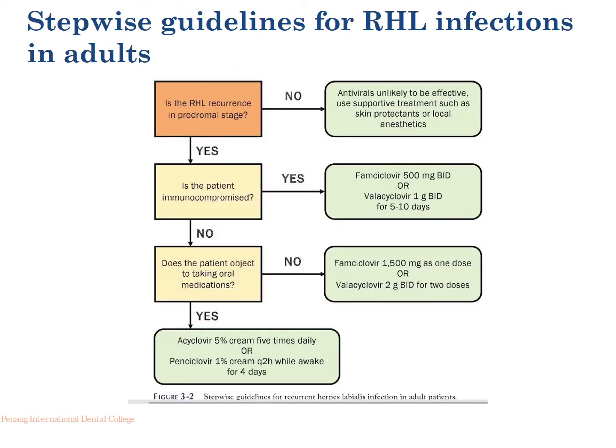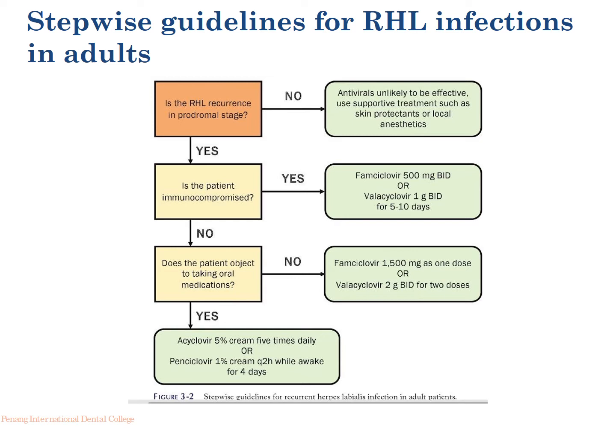This is a stepwise guideline for recurrent herpes labialis infection in adults. It's first important to ascertain whether the patient is having a recurrence and is in the prodromal stage. If yes, is the patient immune compromised? If yes, then you would want to put the patient on famciclovir or valacyclovir. If no, then the patient can take oral medication.